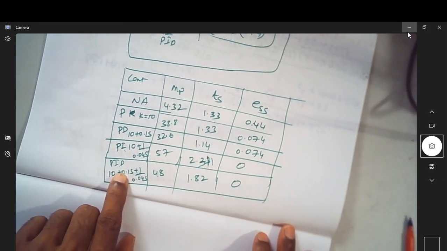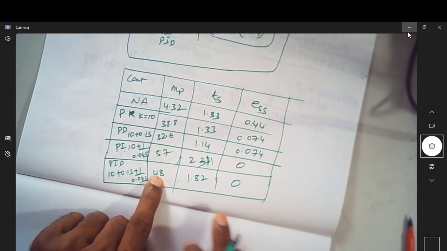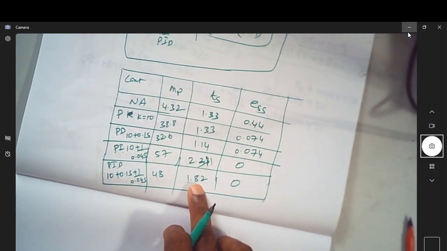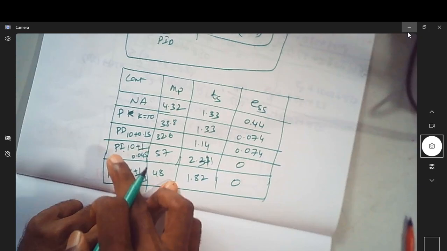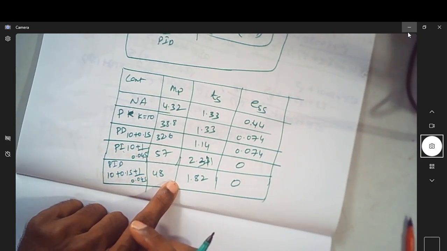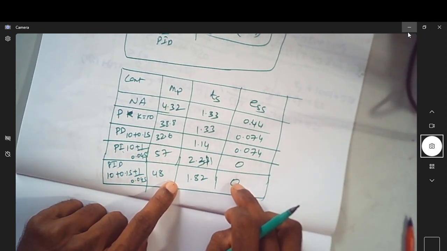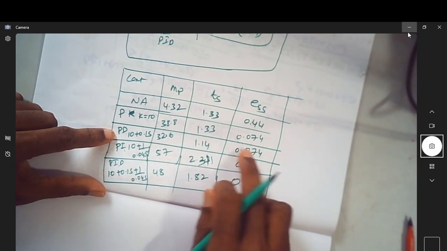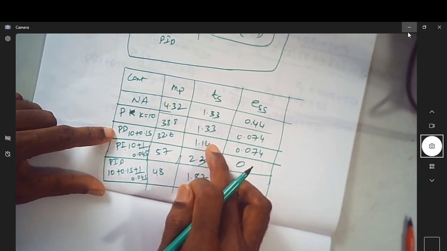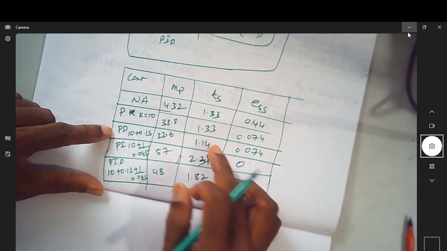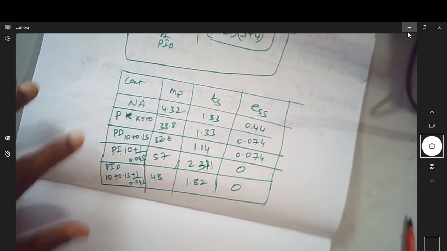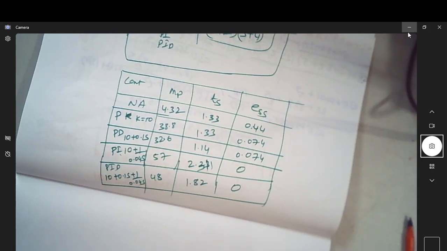So you can see the PID controller has ESS 0 and better settling time than the PI controller, so this is the advantage. But for the PD controller, you have some ESS, but overshoot and settling time are less. So depending on your application, you can go for either the PD controller, P controller, or PID controller.